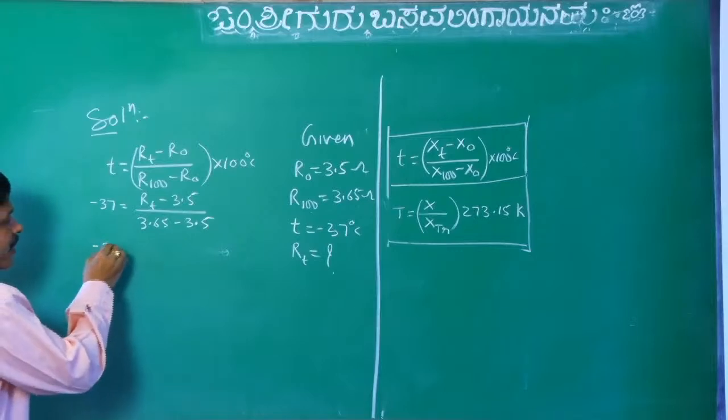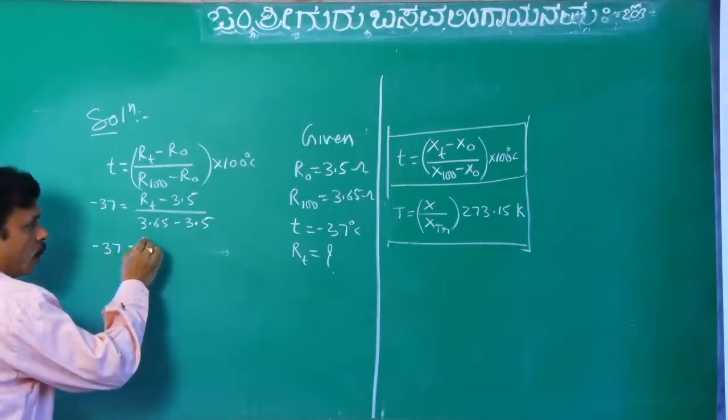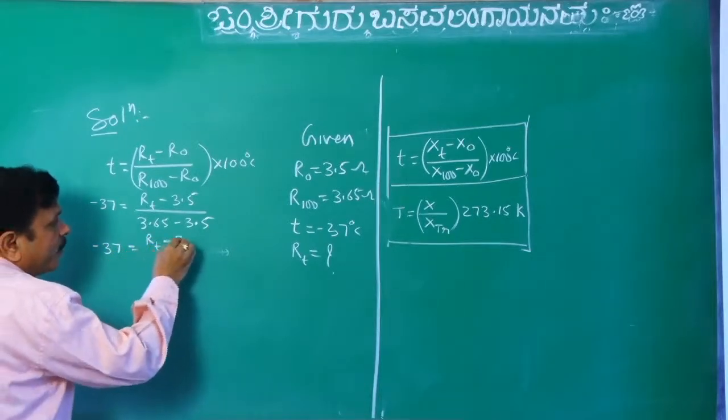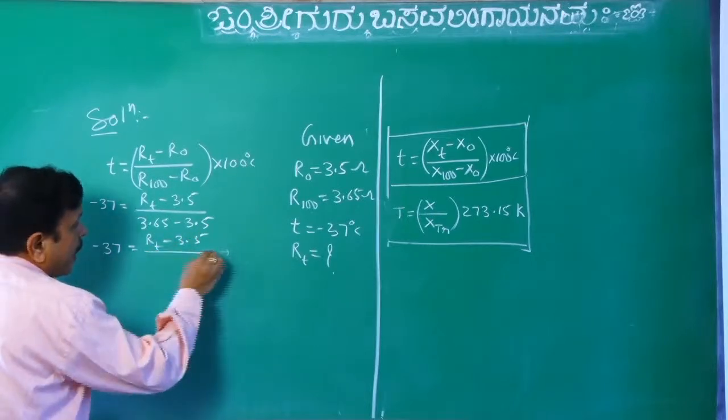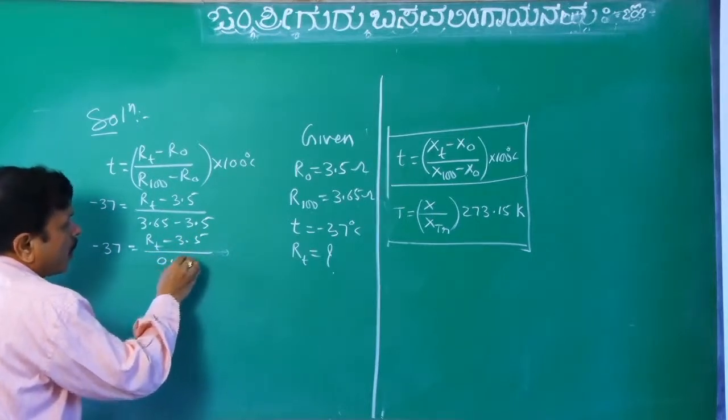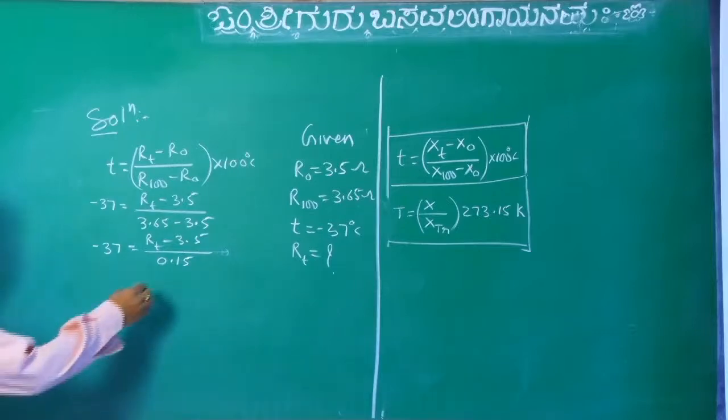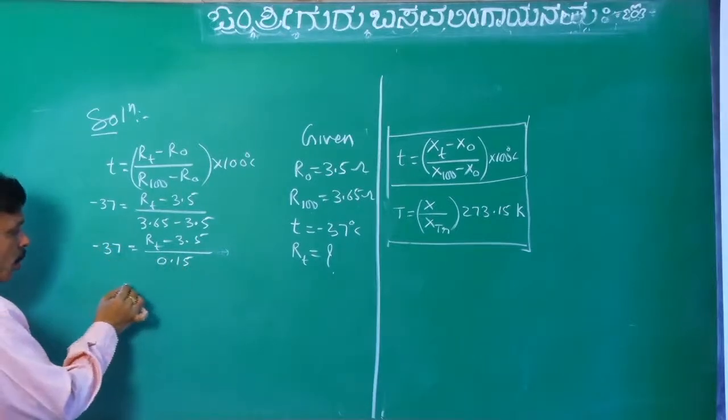This will become minus 37 equal to RT minus 3.5 divided by 0.15.